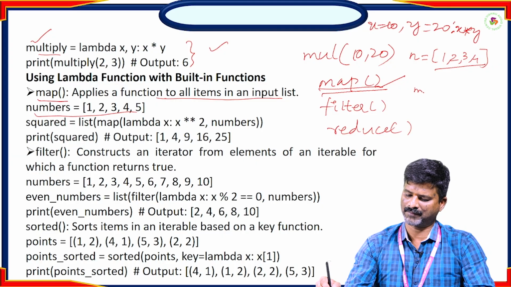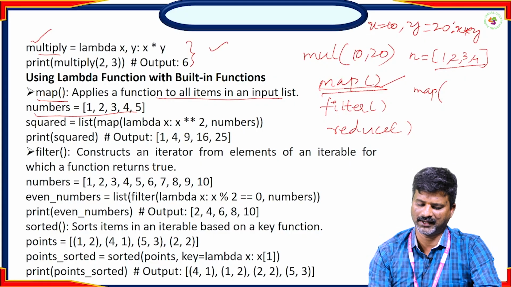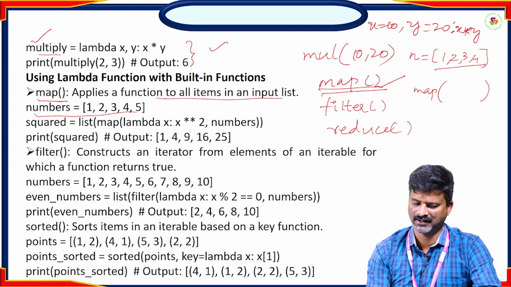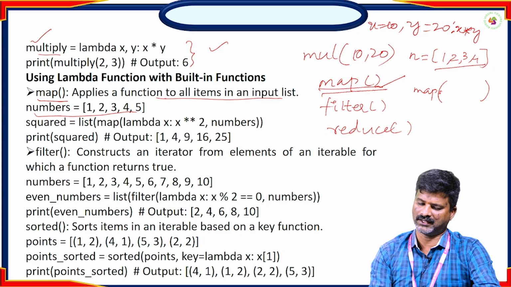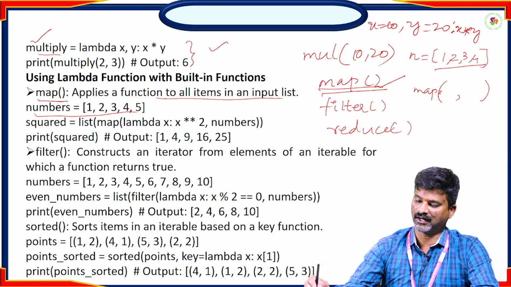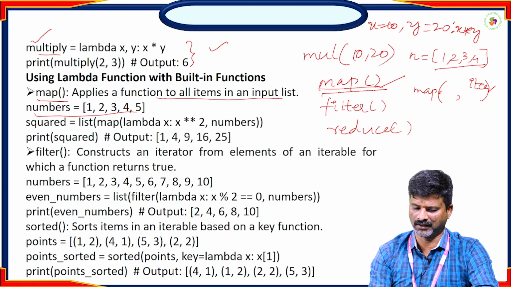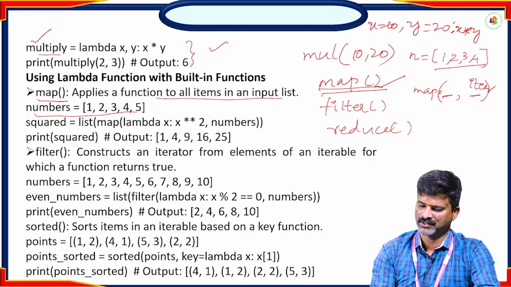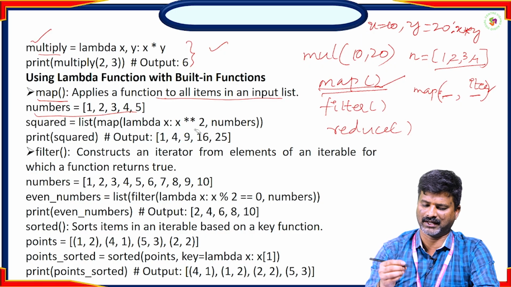Inside map, we pass two parameters. One is a function; you can pass any function, maybe a built-in function, or an anonymous or lambda function. The second argument is the iterable you are using, that is, on what you need to perform this functionality. So with map, here I am passing lambda as the function in this particular use case.